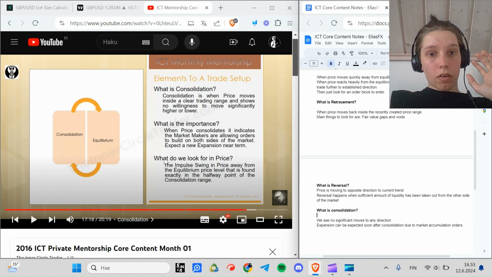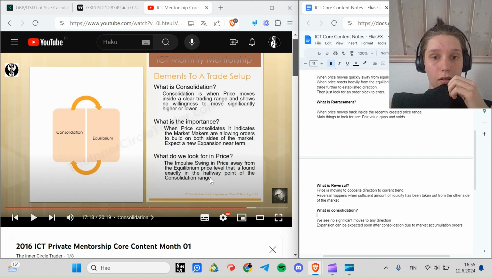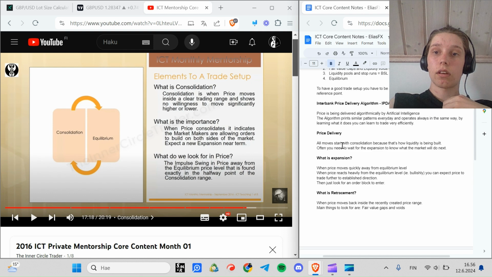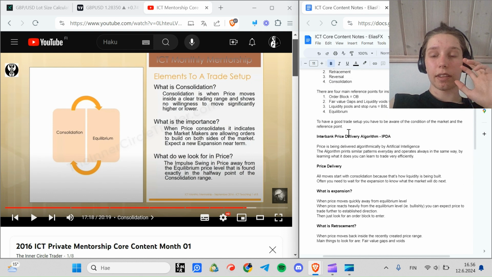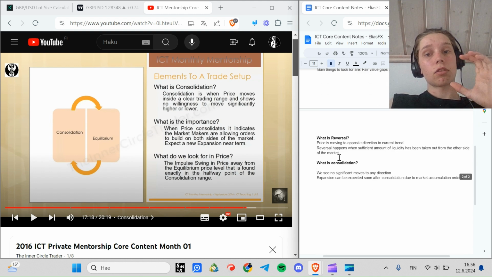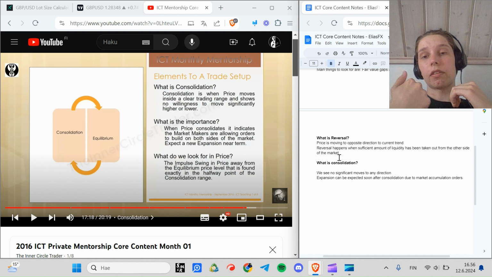And what do we look for in price? The impulse swing in price away from the equilibrium price level that is found exactly in the halfway point of the consolidation range. We already looked at the equilibrium and how to utilize that. When you're having that consolidation range, you can identify the equilibrium price point and see if the price is reacting at any point heavily from that level.